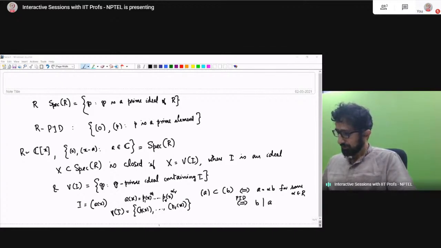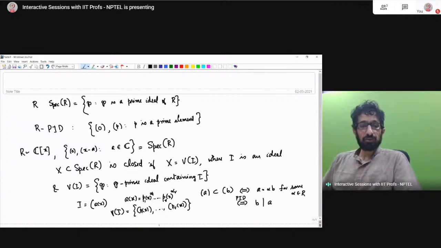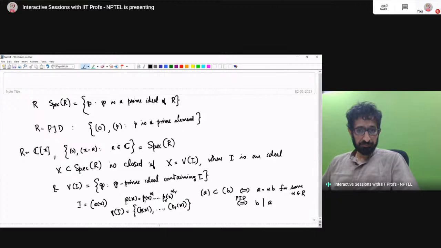Yeah. So therefore, every closed set has finitely many elements. Therefore, every open set is one whose complement is closed, so the complement is finite. There is a very specific name for such a topology.